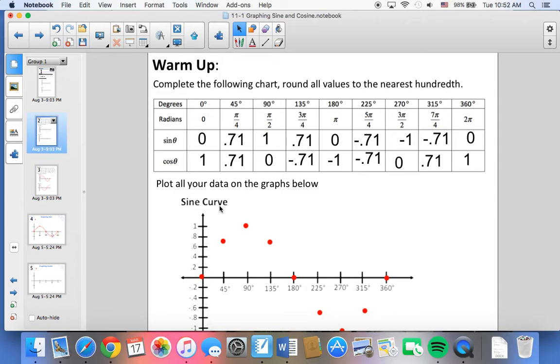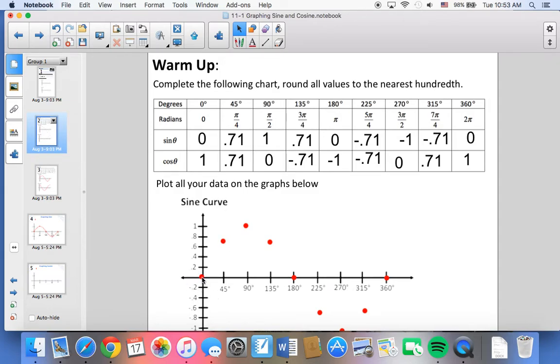Okay, so here are all my completed sines and cosines. I did the sine of 0, 45, 90, 135, all the way, and I did cosine of all those numbers too. So I want to start making a basic sine curve. I already plotted the dots, but I'd like you to do it now.